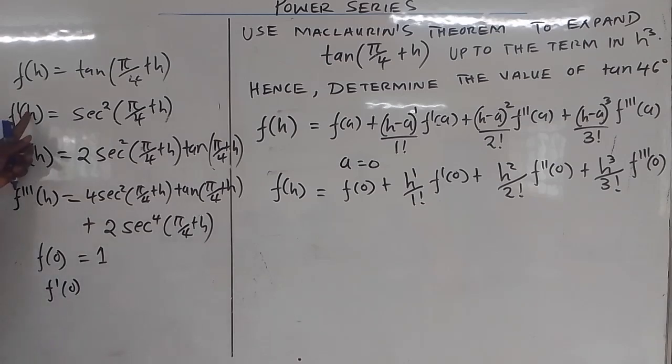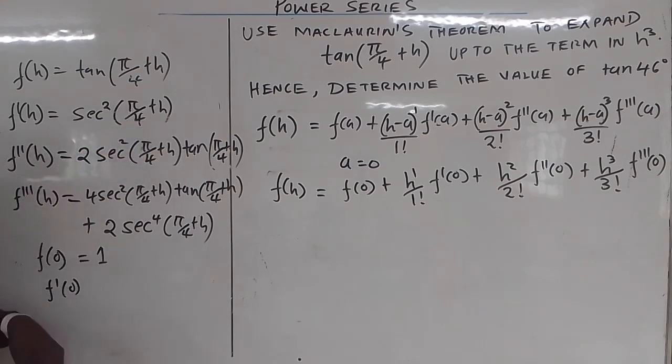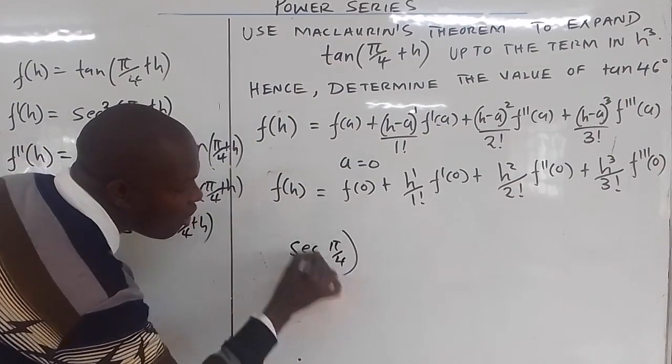So here we have f prime of h, meaning you put 0. If you put 0, you have sec squared pi over 4, isn't it? It means it is sec pi over 4 which has been squared.